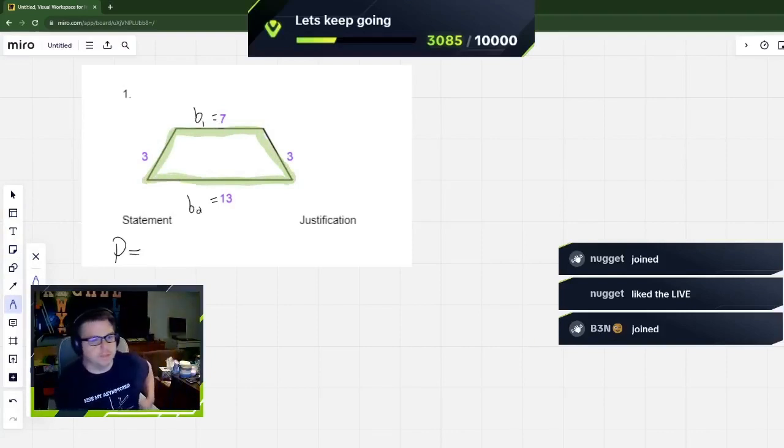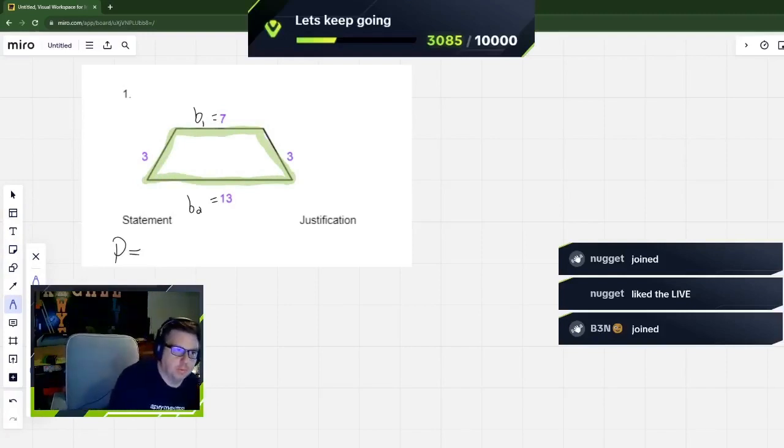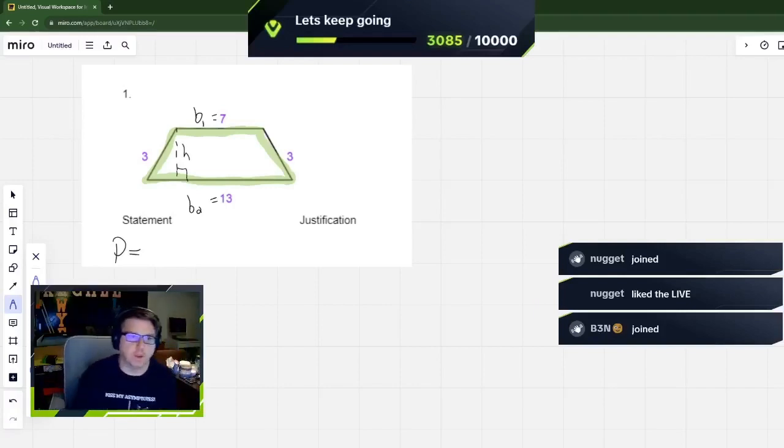Okay, so we have two bases in a trapezoid. And the trapezoid does sometimes also have a height associated with it. But since there's no height, we're just going to be looking at perimeter right now. So we have a base 1 and a base 2.